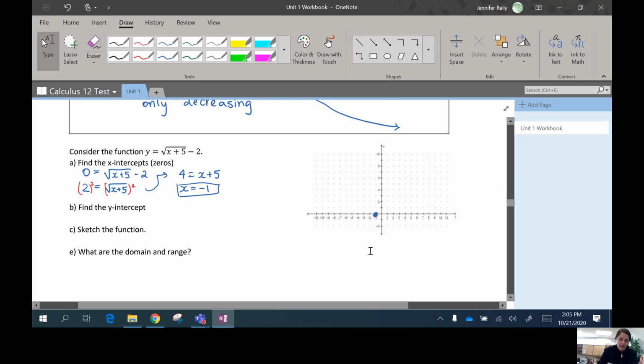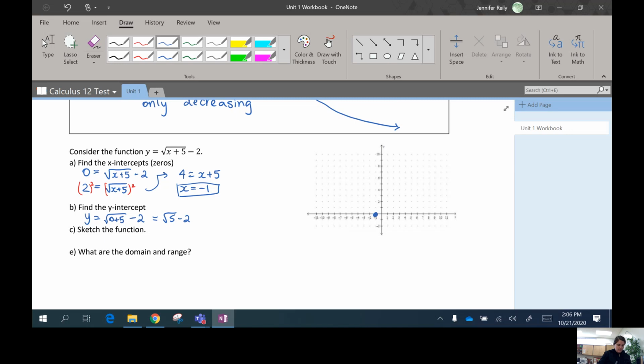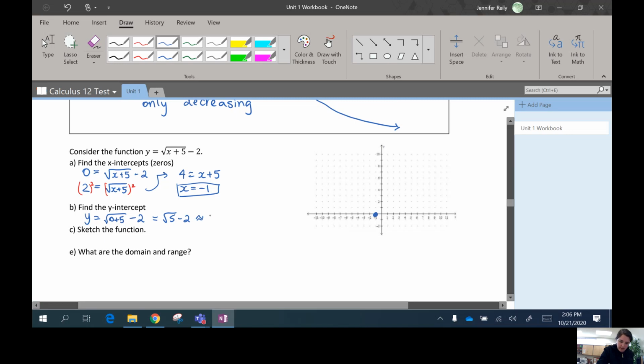Find the y-intercept. That's going to be when you plug in x equals 0. So that's root 5 minus 2, which is going to be a decimal. I'll write the approximate number here: approximately 0.236. So it's about there.